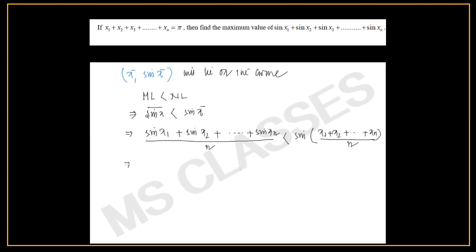From this we can say that sine x1 plus sine x2 up to sine xn, with x1 plus x2 plus xn equal to pi as given in the question, is less than or equal to n into sine pi by n. This is Jensen's inequality.